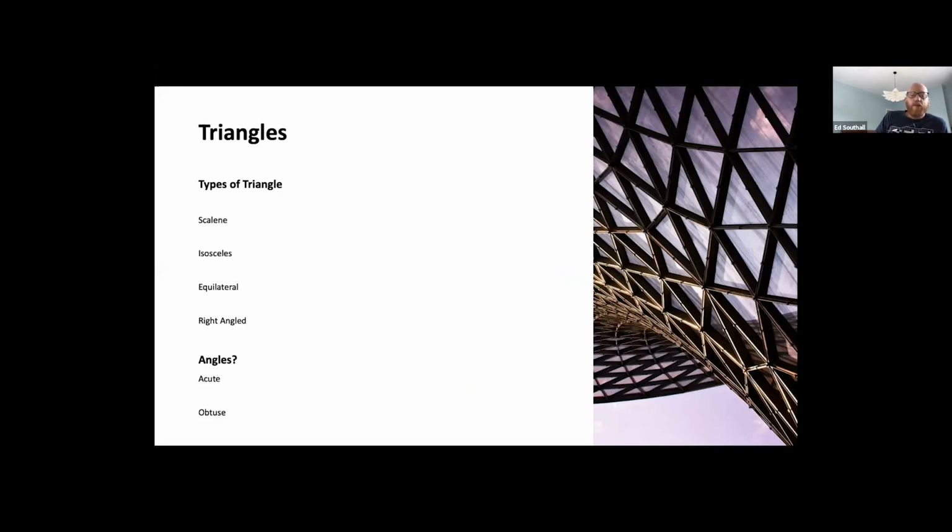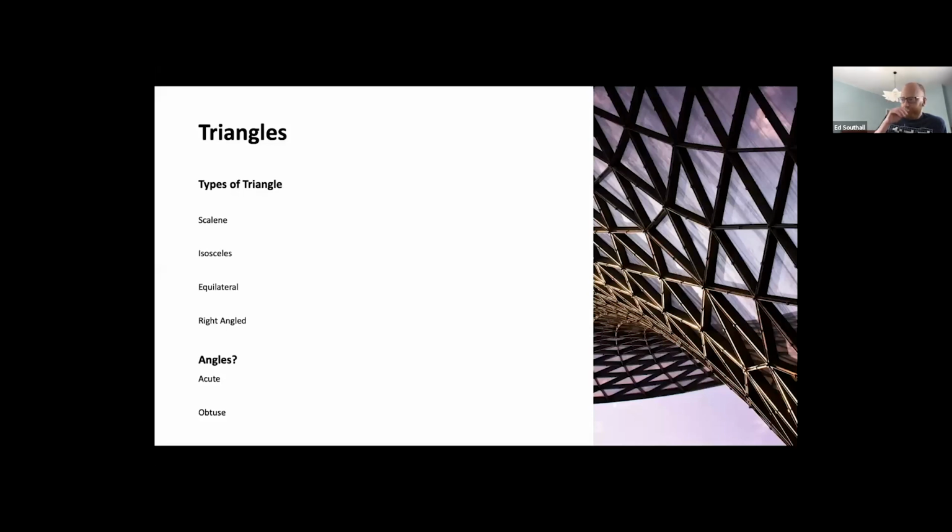So the only two weird ones really are scalene and isosceles. Scalene in particular has got a bit of a weird origin. Iso means the same or equal, and sceles, S-C-E-L-E-S, is from skelos, which means legs. So isosceles just means equal legs. It's got two legs, same length.